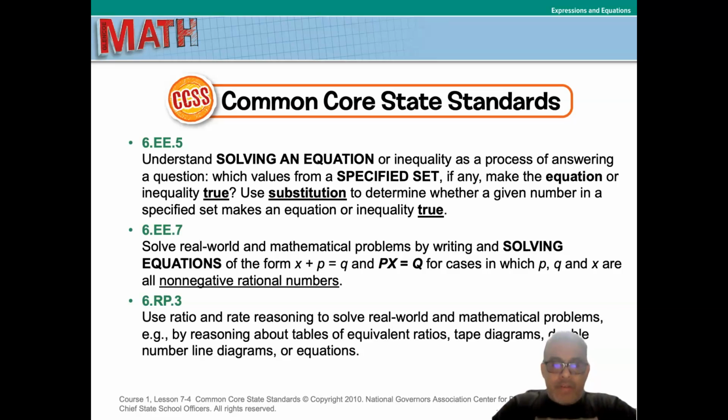EE7, you covered it when you added and subtracted equations, and the focus is now when they look like Px equals Q. By the way, P, Q, and X are all non-negative rational numbers, meaning that they're all going to be positive. You will see maybe one or some examples when they are negative.